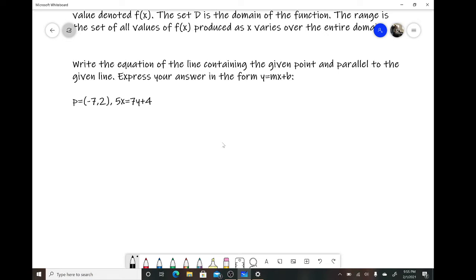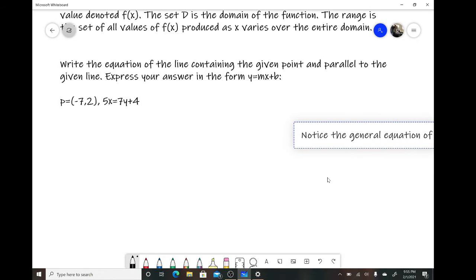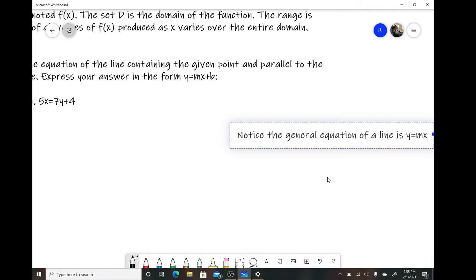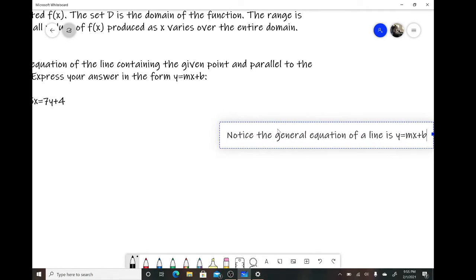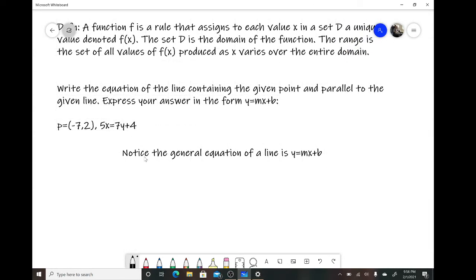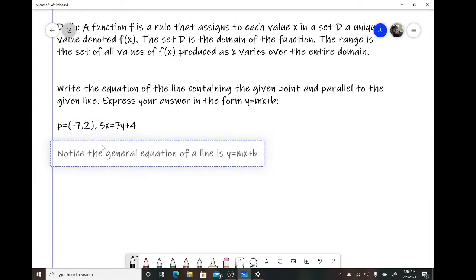Alright, so what's the first thing that we have? We have here a given function in the form of 5x equals 7y plus 4. We know that the general equation of a line is y equals mx plus b. This is how we write linear equations, linear functions.